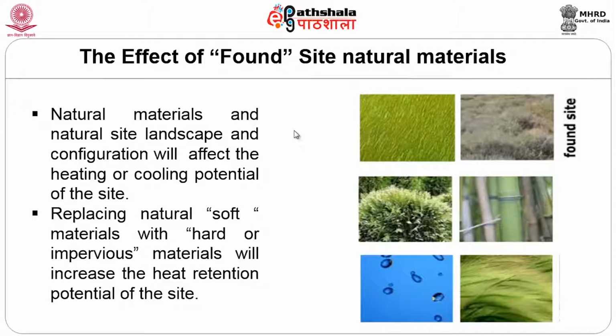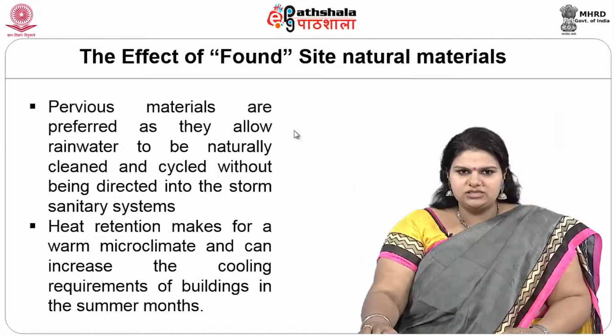So, when any site that we find has a particular set of materials, the first choice is not to tamper with it unnaturally, because anything that is available near the site, if it's reutilized, is considered natural and the best option. But if we add on hard impervious materials, then obviously the microclimate of the site will change, because we are increasing the heat retention potential of the site.